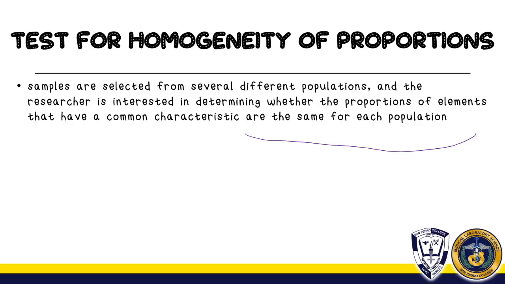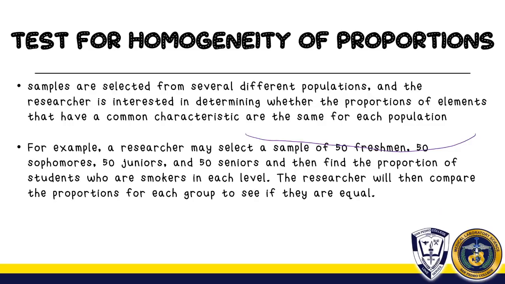So, this test gets its name from the null hypothesis, where we claim that the distribution of the responses is homogeneous or the same across all groups, the same for each population. For example, a researcher may select a sample of 50 freshmen, 50 sophomores, 50 juniors, and 50 seniors, and then find the proportion of students who are smokers in each level.